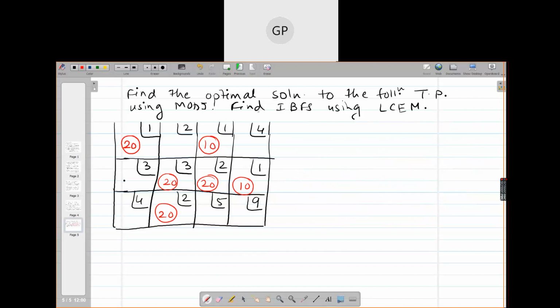Okay, now we are in action to apply MODI. We want to apply MODI now. So what is the first step? First step is, see, here I am writing for you all as we are solving the very first problem. This is for occupied cells, and these are unoccupied cells.